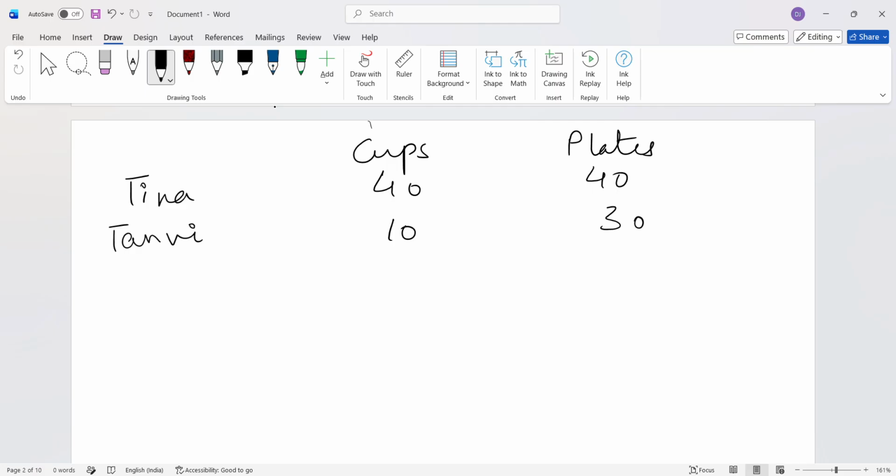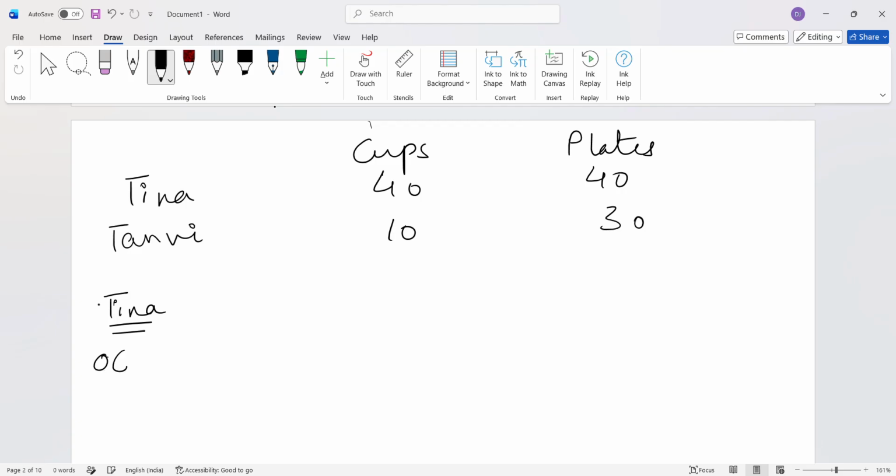Now let's see how we calculate opportunity cost. In order to calculate opportunity cost, we have to calculate opportunity cost for both of them, for Tina and for Tanvi, and for both the goods.